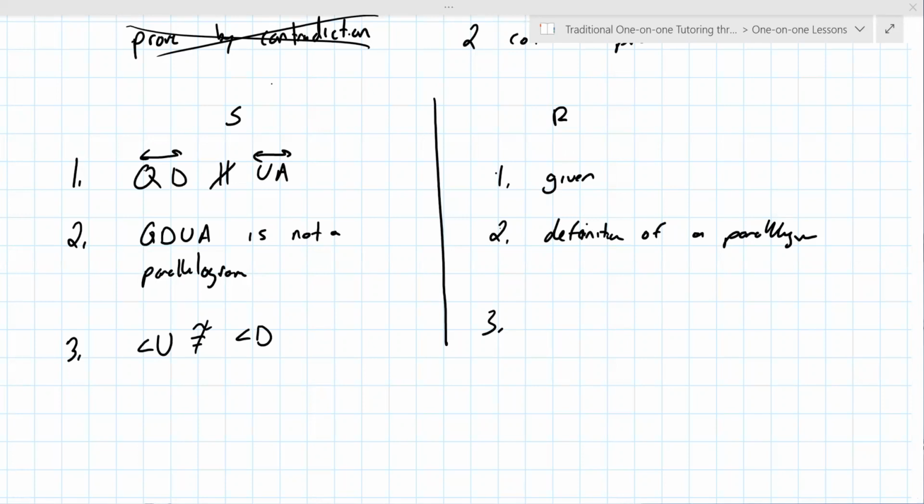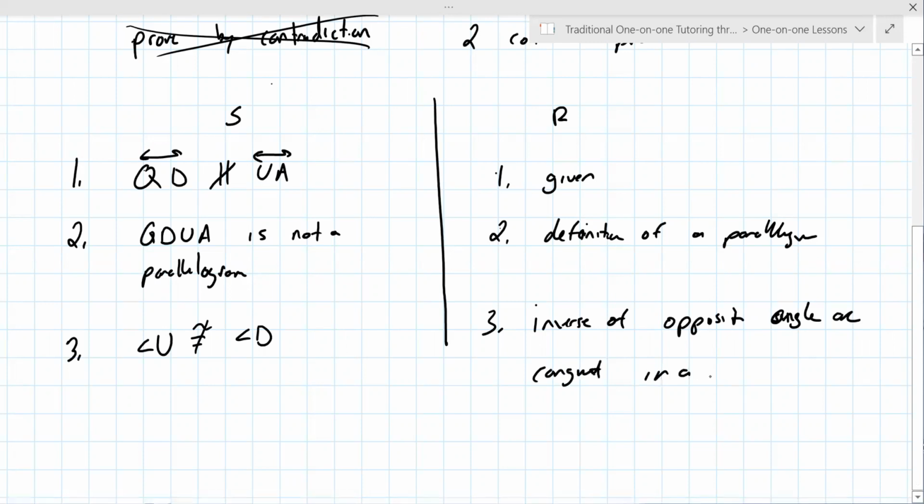Just check. Okay, yeah, we want the inverse. Inverse of opposite angles are congruent in a parallelogram.